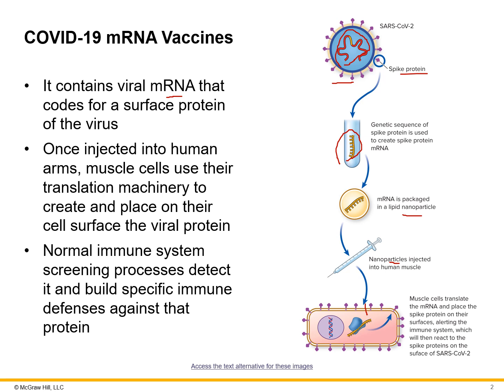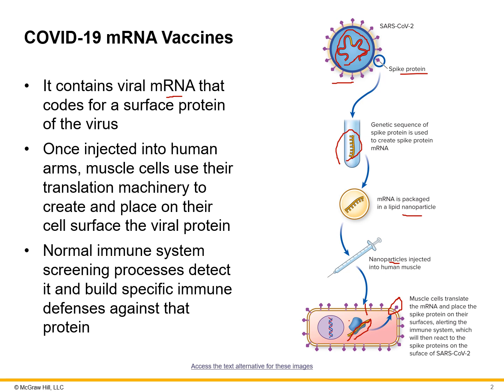And then that messenger RNA that we see here then attaches to one of the ribosomes. It doesn't know that it's viral RNA, so it starts making that protein. And that protein then gets inserted into our membranes, and it's the spike protein that's normally on the coronavirus.